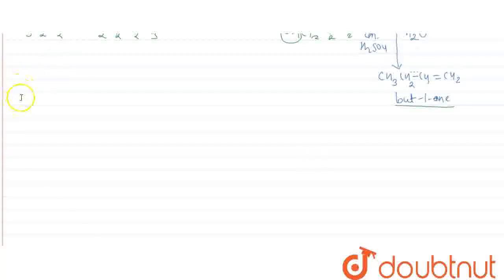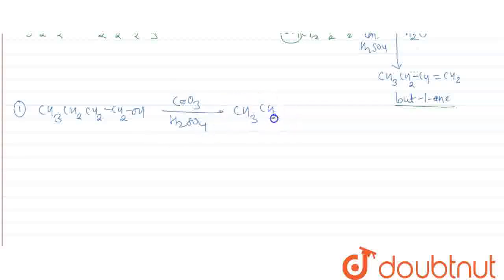Now we need to write all the reactions which take place. Okay, so one reaction given is that when this alcohol gets oxidized in the presence of H2SO4, it will give the B compound, that is the acid is formed.